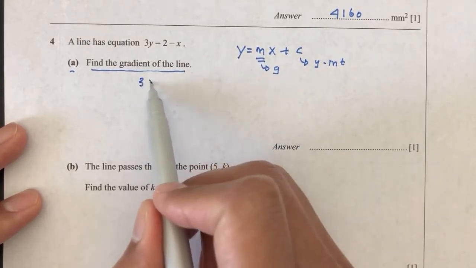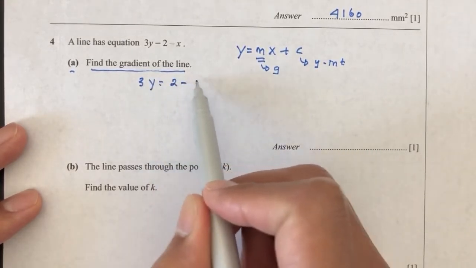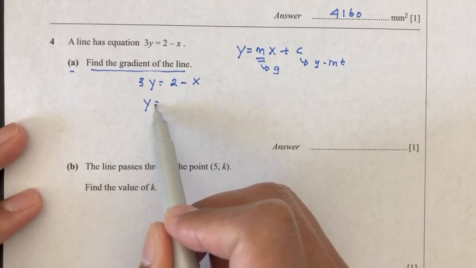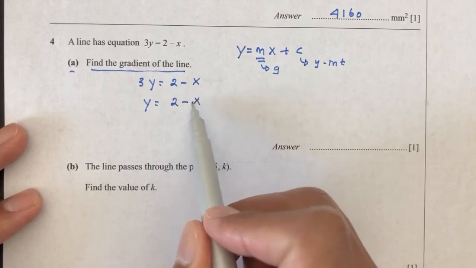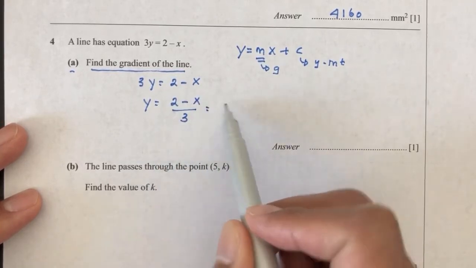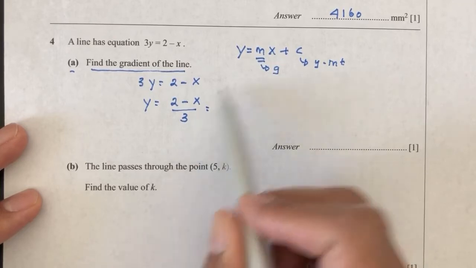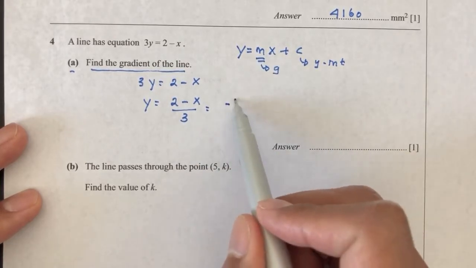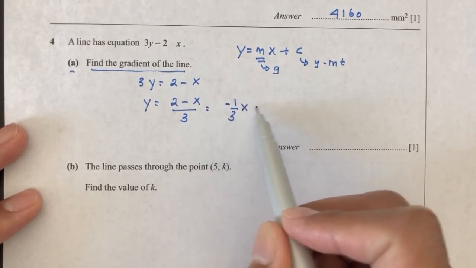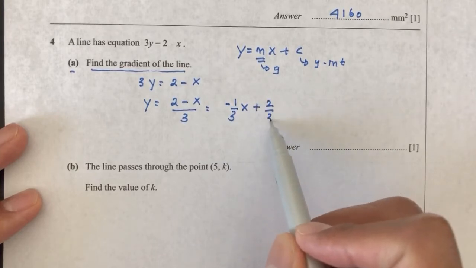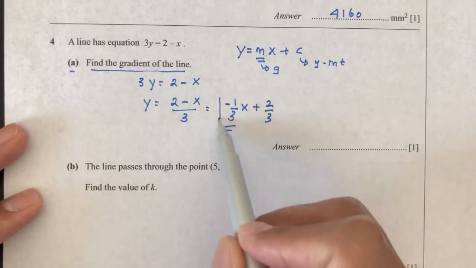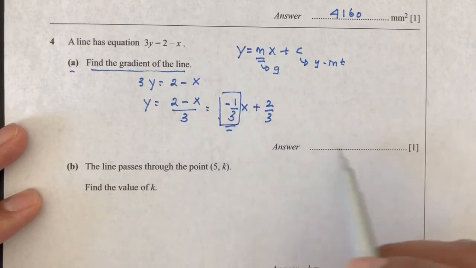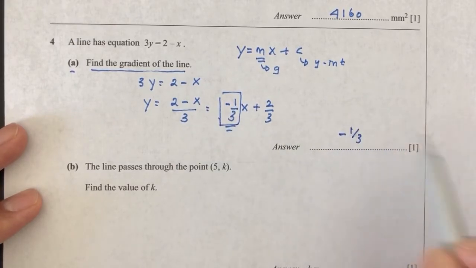So we have 3y equals 2 minus x, so y is equal to 2 minus x divided by 3, which is, arranging x first, minus 1 over 3 x plus 2 over 3. So the gradient is minus 1 over 3.